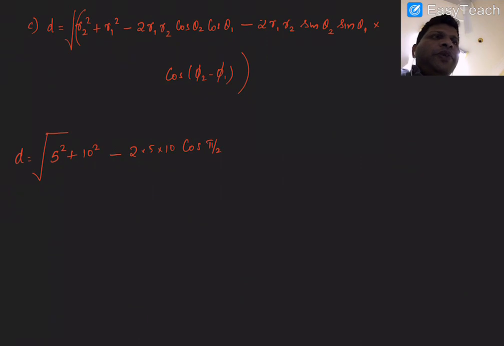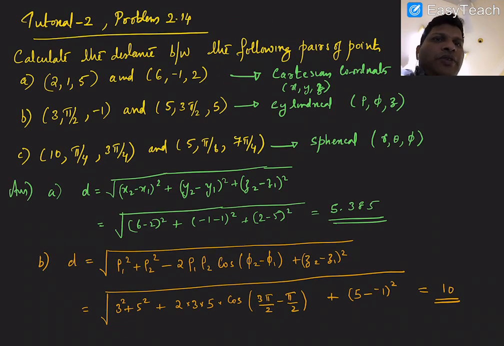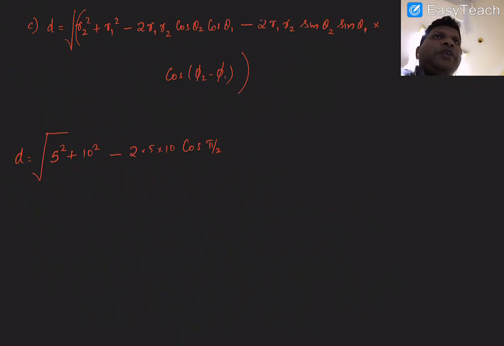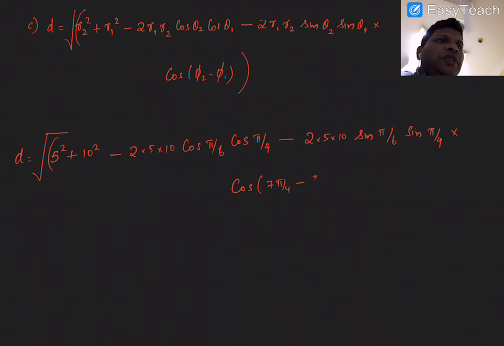It is pi by 6, you can verify from the question, into cosine of pi by 4, minus 2 times r1 r2, that is 2 times 5 into 10, into sine of pi by 6 into sine of pi by 4 multiplied with cosine of (7 pi by 6 minus 3 pi by 4).